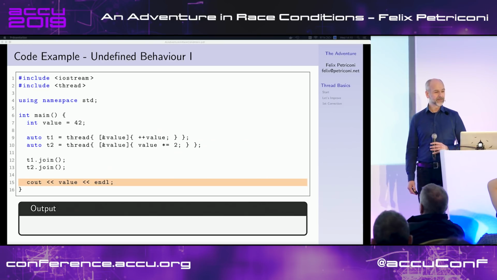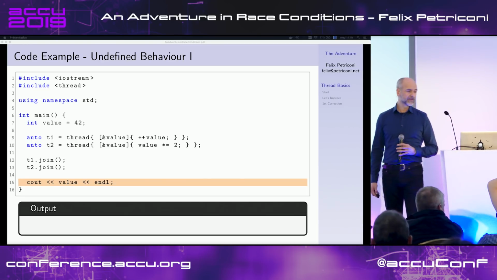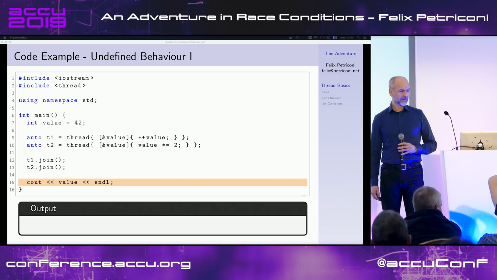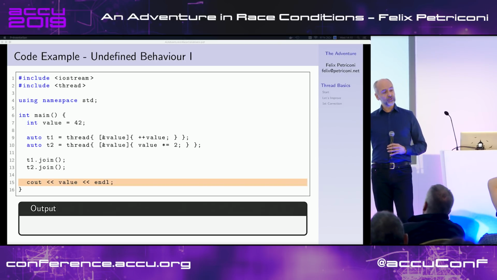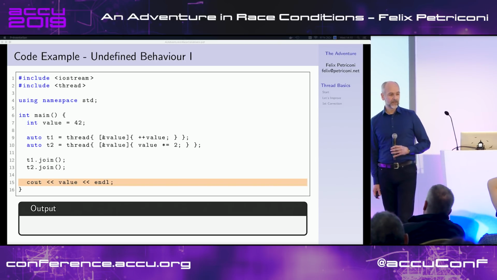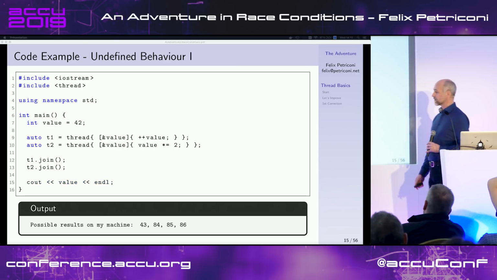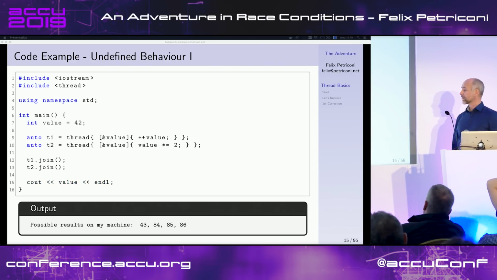It's important that if it's undefined behavior because you have race conditions, then just because your machine gives 4 results doesn't mean somebody else's won't. That's absolutely true. I just want to give you an impression of what you can have. So these were the results on my machine.